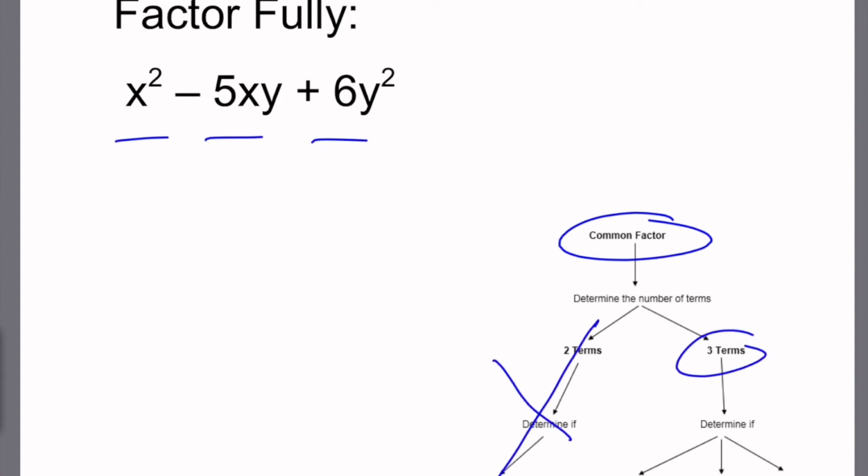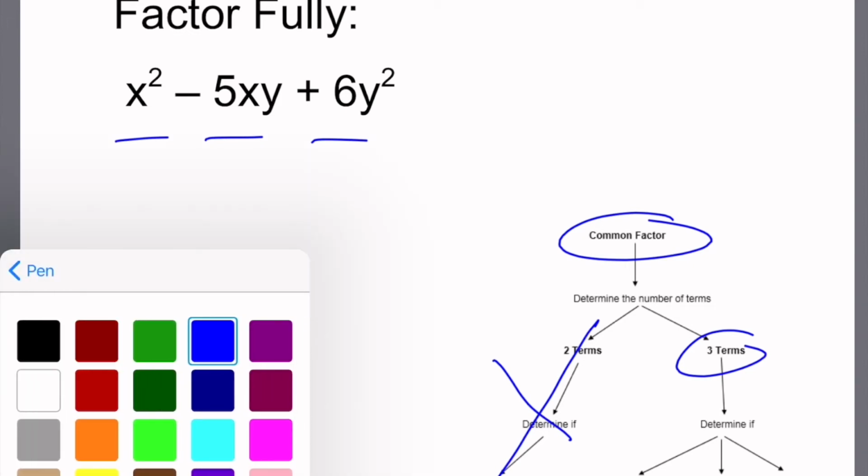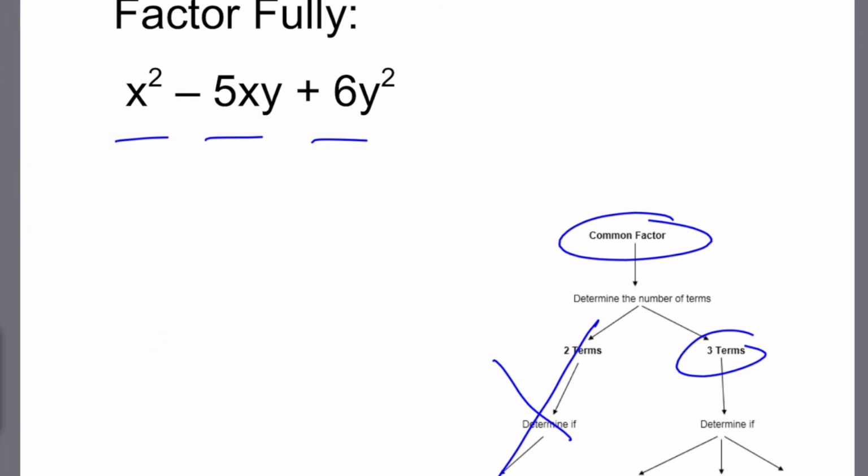So with 3 terms, it's either going to be a perfect square trinomial, simple trinomial, or complex. Looking for a perfect square, we have the x squared at the beginning, which is promising, but the 6y squared is not a perfect square. So this doesn't work for a perfect square trinomial. Now we look at simple trinomial. Again, we want to avoid the complex trinomial.